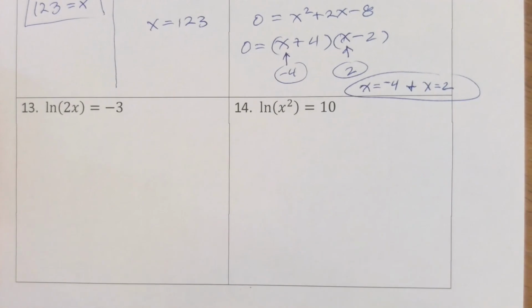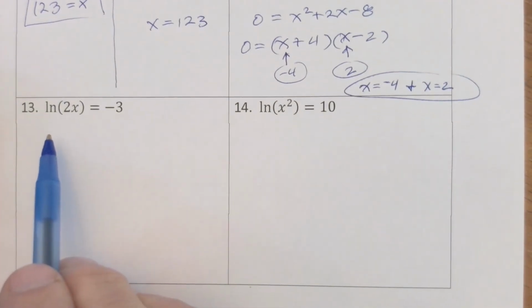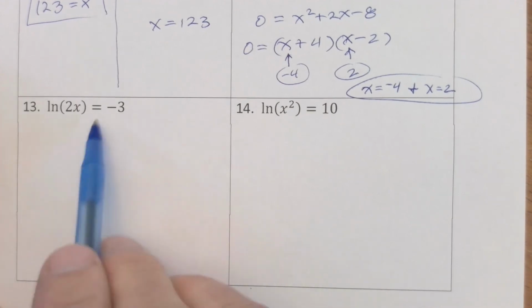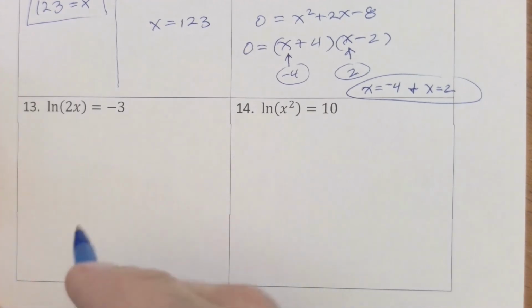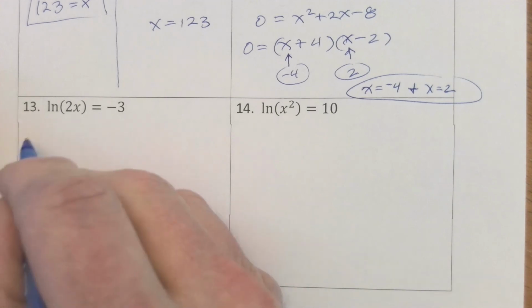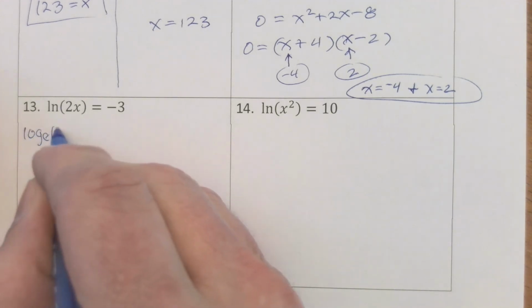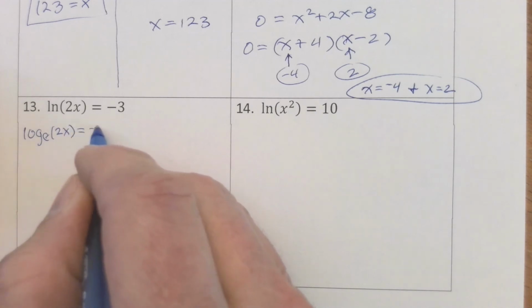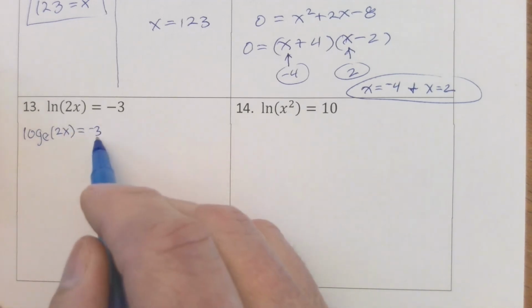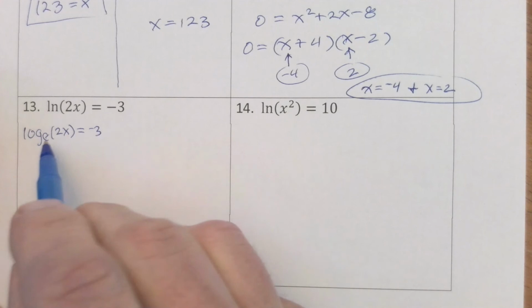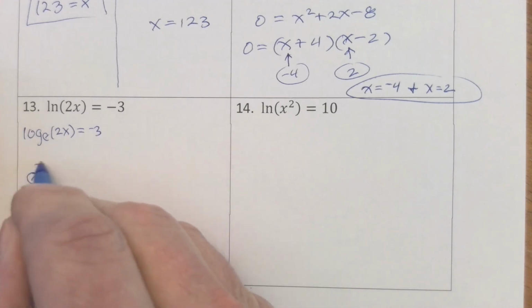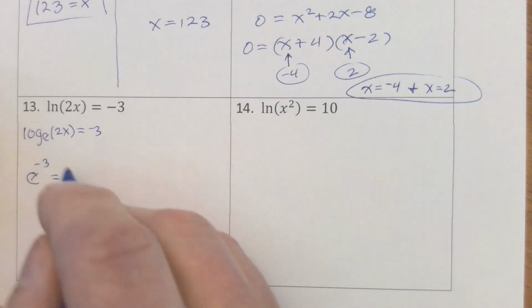Okay, here's a problem where we have a natural log on the left. Now, if you want to use the definition of logarithm to solve this, you could go like this. You could say, remember, a natural log is a base e log. And I have the value for the logarithm. I have the exponent that likes to sit on this base to make the argument of the logarithm.